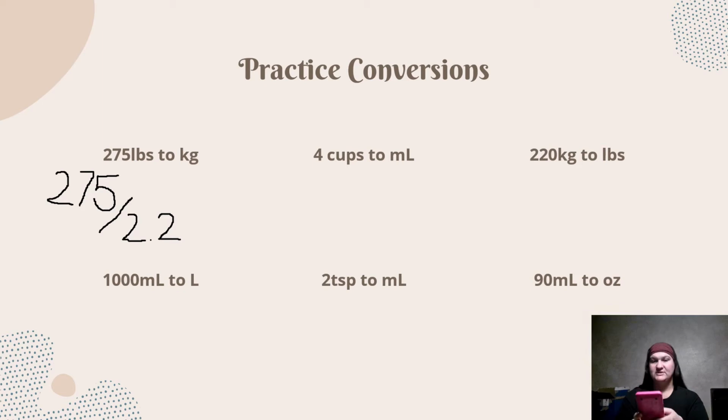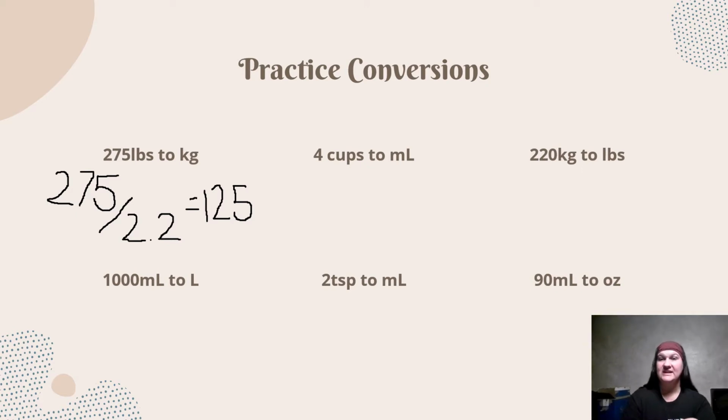My children must have made off with it. I don't know where it went. So how we find pounds to kilos is you divide by 2.2. That equals 125. Oh gosh, I did that with my finger. So 125. That's how you find pounds to kilos.